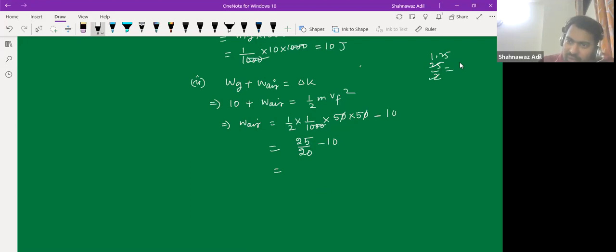So this is 1.25 divided by 10. So this is 0.125 minus 10. This would be how much? 10 and 1 to 5. This is 5. This is 9 minus 2, 7. Then this is 9 minus 1, 8. And this is 9.